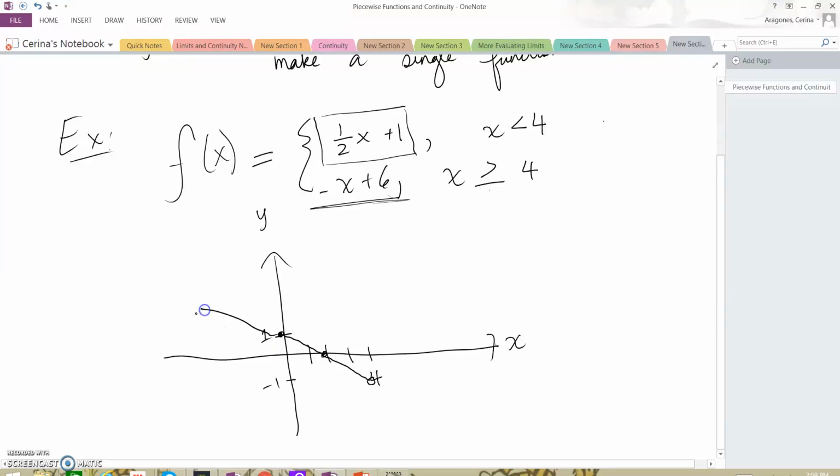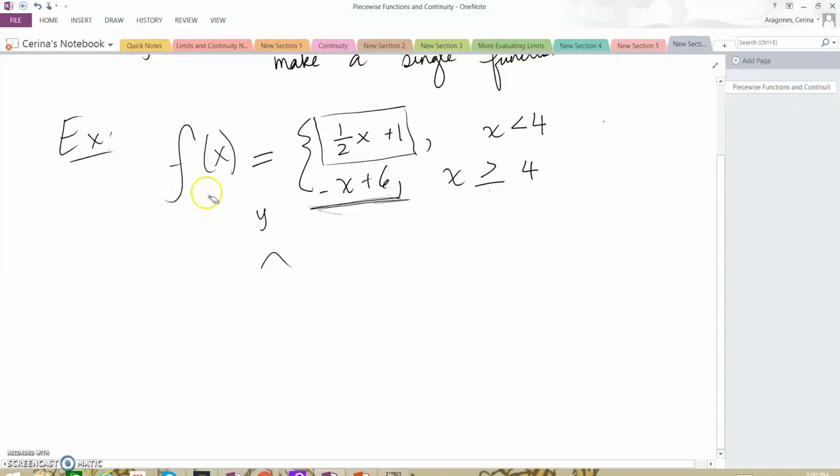Okay, so as you can see, I made an open hole right here because for this equation, 1/2 x plus 1, the value x equals 4 is not included, so it's an open circle. Then at 4, we're using this equation right here. Oh, oops, I completely drew this graph wrong. Let's fix that real quick.